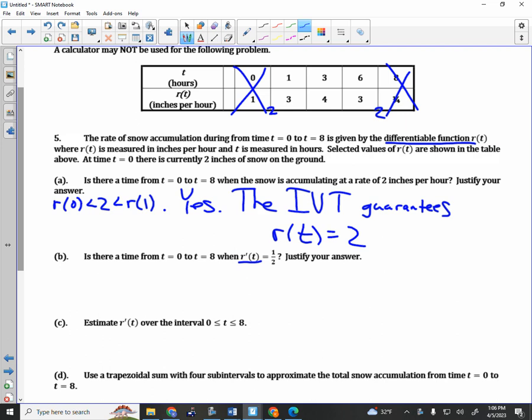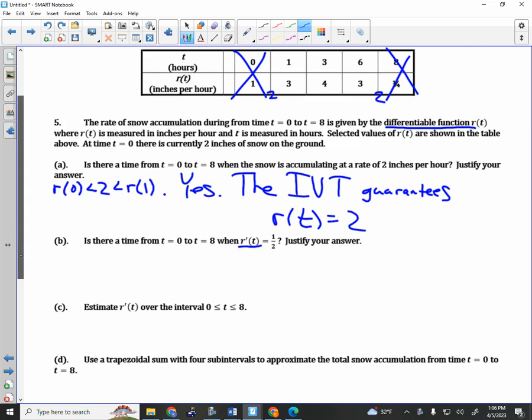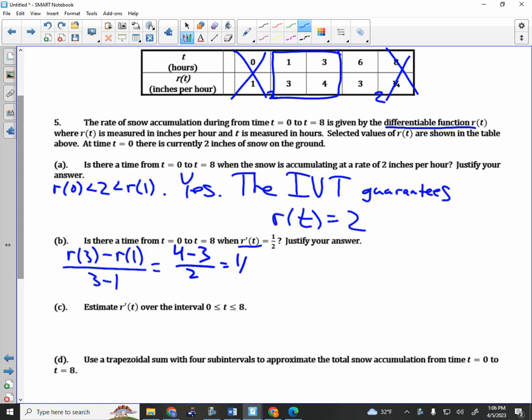Giving you some help. Five, four, three, two, one. It's going to be these two right here. Because, so here's what you have to write. You need to write R of 3 minus what? R of 1 over 3 minus 1. That's the same as, what is R of 3? 4 minus 3 over 2, which is 1 over 2.